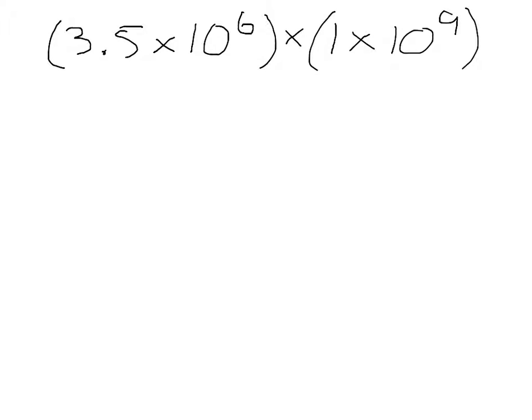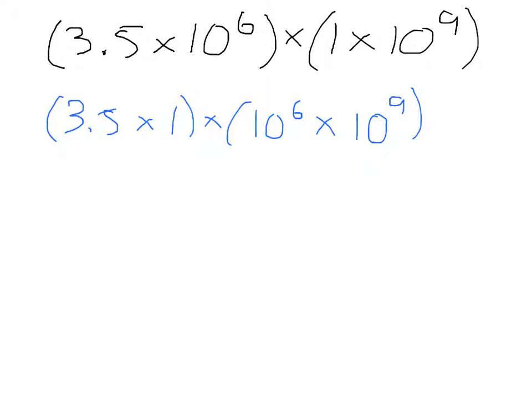Well, we don't want to have to multiply all that out. But here's the neat thing. If I use the associative property, since this really is all just multiplication, it's 3.5 times 10 to the 6 times 1 times 10 to the 9th. I can redo this as 3.5 times 1 times 10 to the 6th times 10 to the 9th.